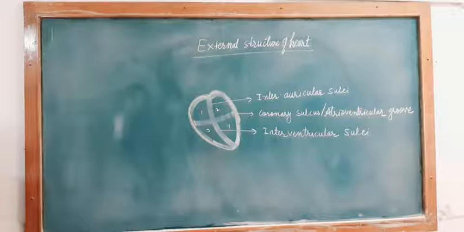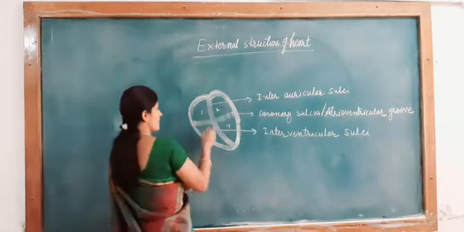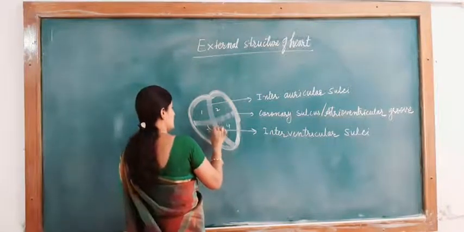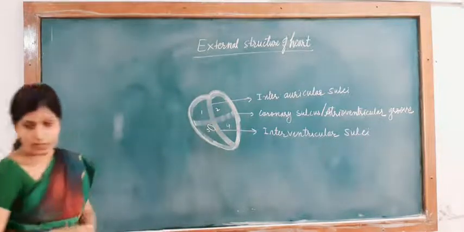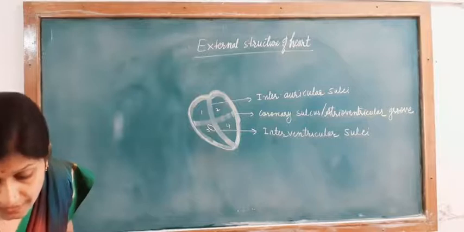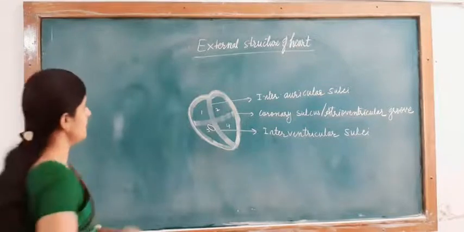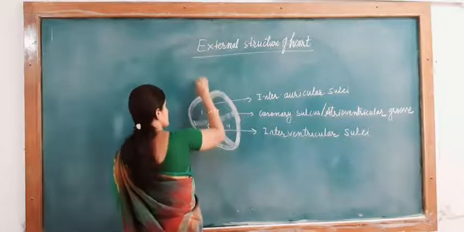Then the pulmonary trunk arises from the right ventricle. From this chamber, one big trunk arises and goes in the upward direction.